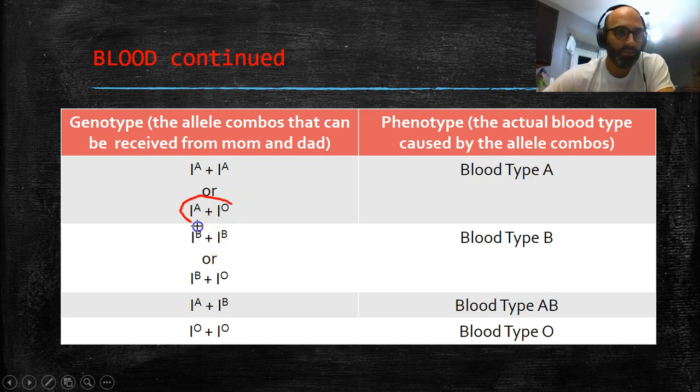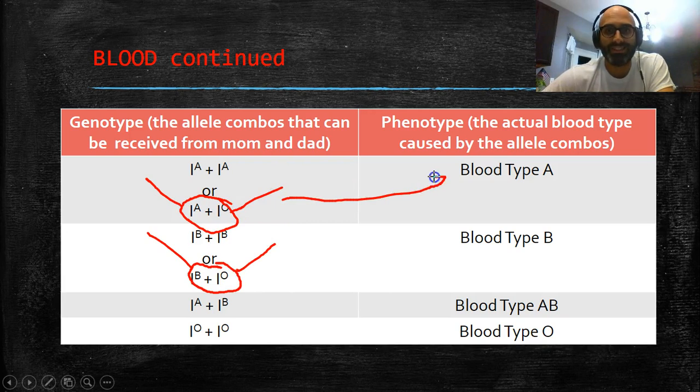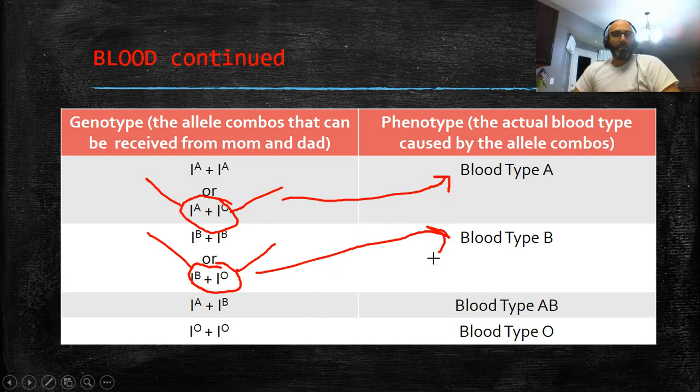And that's evident because right here and right here, we know that even though maybe mom passed down an A allele or a B allele, and dad passed down an O allele, the blood type that results is still blood type A, or in this situation, blood type B. It does not matter because A or B will dominate over the O allele.